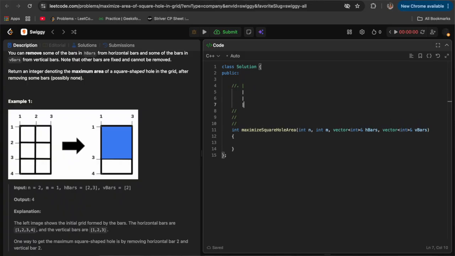They have told us n is equal to 2, that is we have two horizontal bars, so we have to put them like this, because for those we are making the space, this one and this one, not for this.